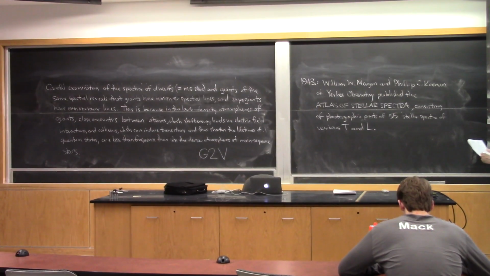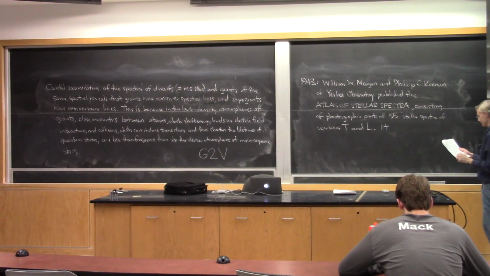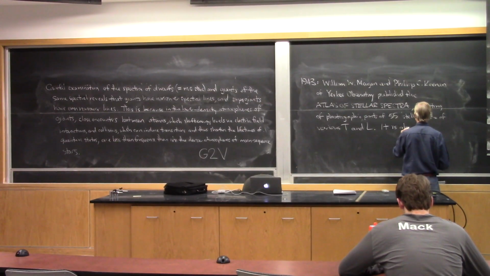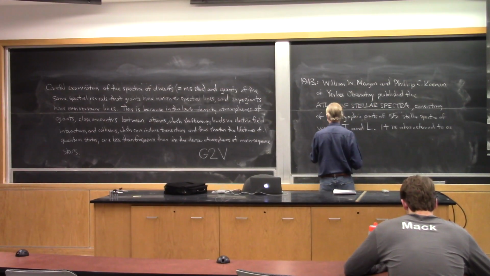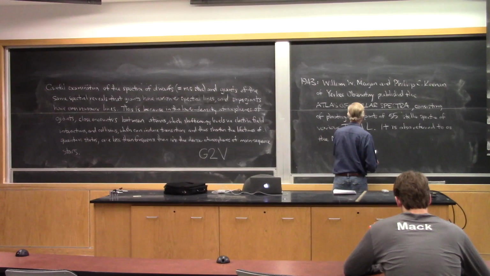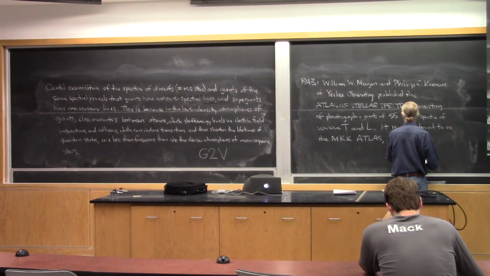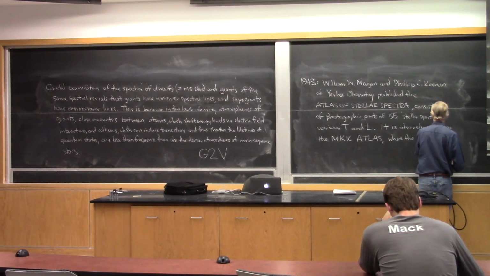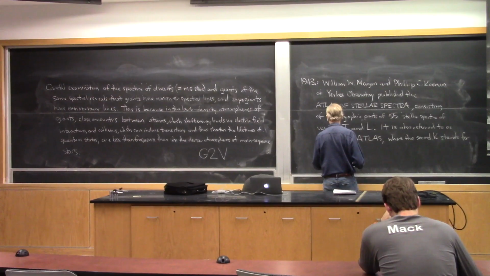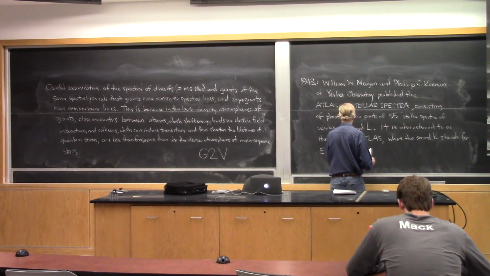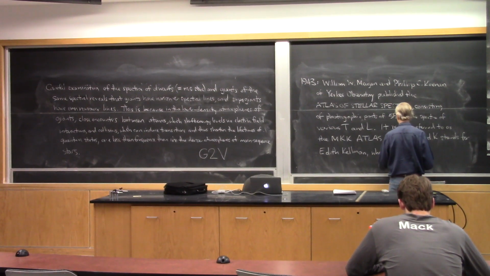Various T and L. And in addition to the title Atlas of Stellar Spectra, astronomers often refer to it as the MKK Atlas, where the second K stands for Edith Kellman, who printed the spectra and is listed as a co-author.